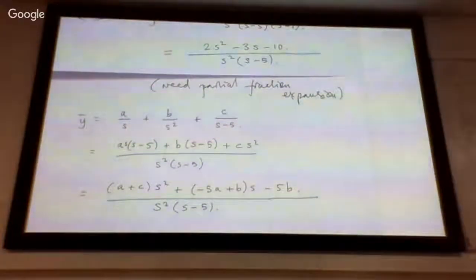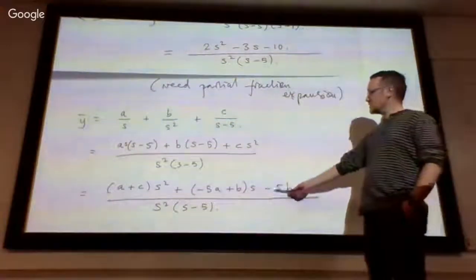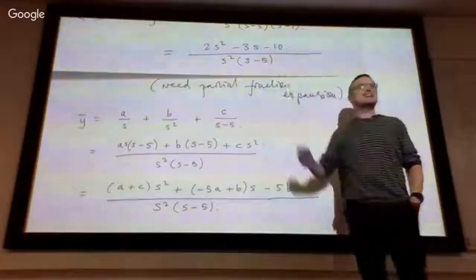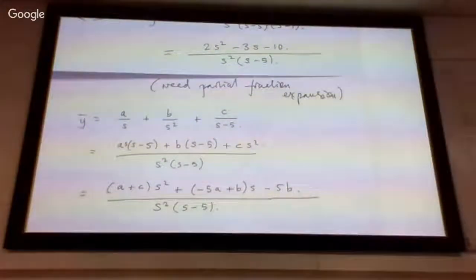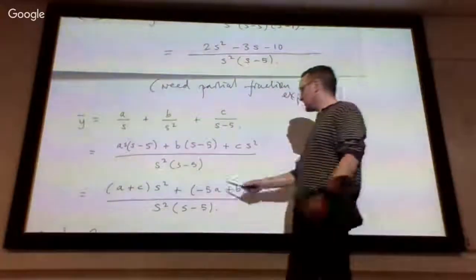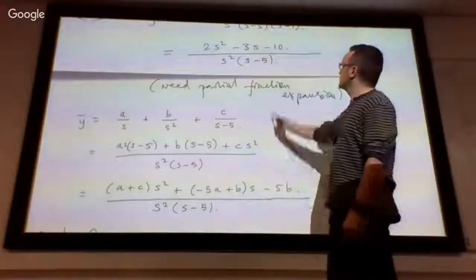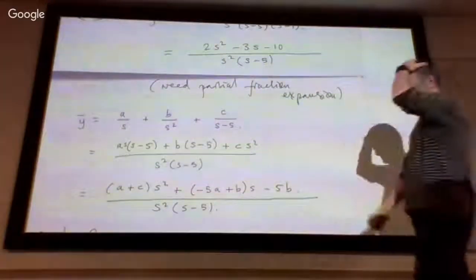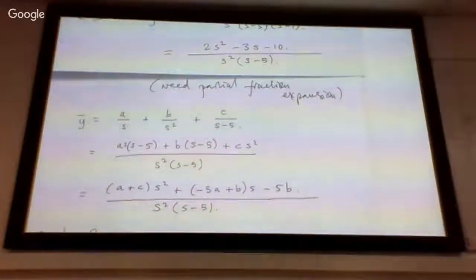The solution just unravels because, look, the constant term is minus 5B, and that's minus 10. So by comparing the coefficients in these two numerator polynomials, B has to be 2. If B is 2, then minus 5A plus 2 must equal minus 3. A must equal 1.